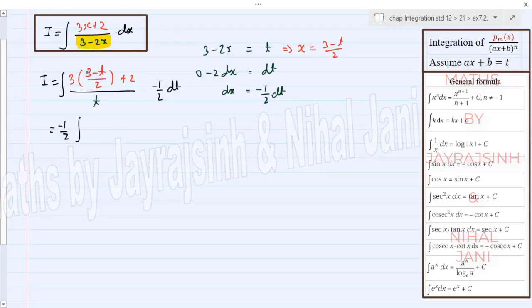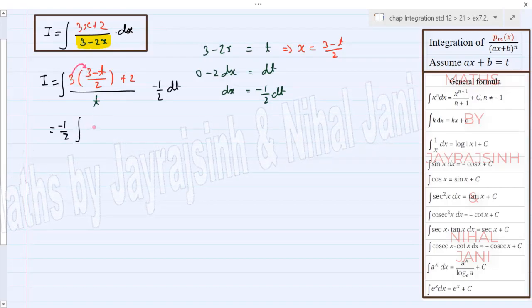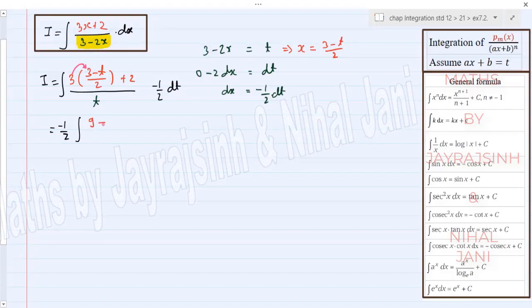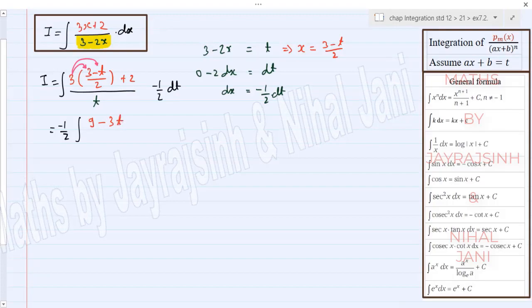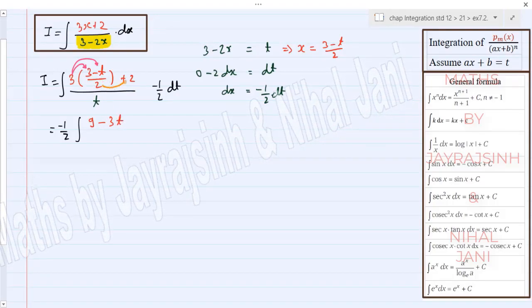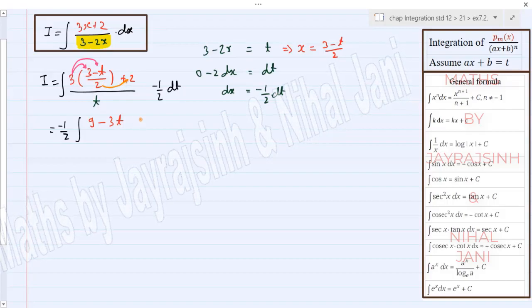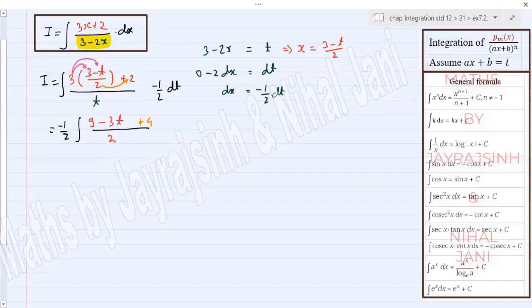Let's simplify our numerator. We have to multiply 3 with 3. So we'll get 9 minus 3 into t will give us 3t. And here we have to take the LCM of 2. So 2 multiplied with 2 will give us plus 4 upon 2.